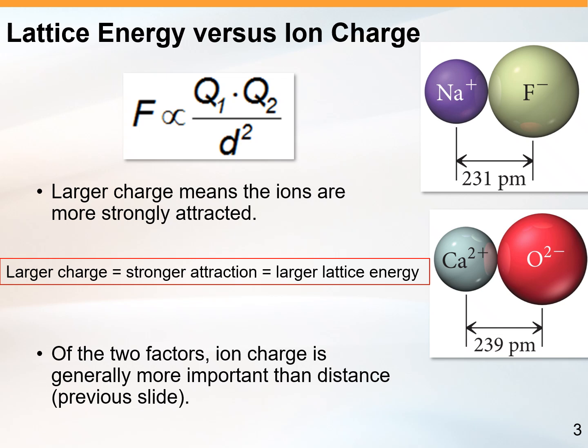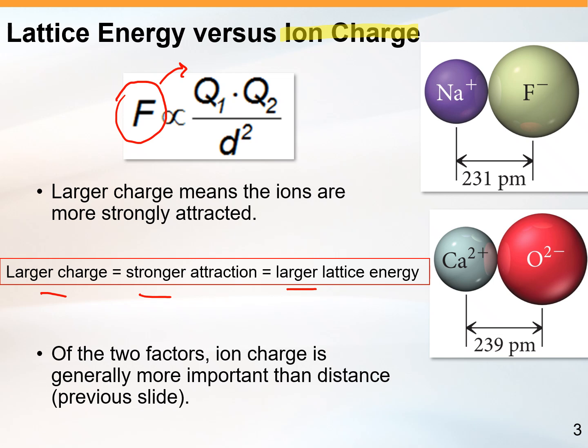When it comes to the effect of ion charge, you see that this attractive force is directly proportional to the product of the magnitude of the charges. So you would expect that a larger charge, not the size, but +1, +2, +3, etc., will result in a stronger attraction, therefore larger lattice energy, as you see in the comparison between sodium fluoride and calcium oxide.